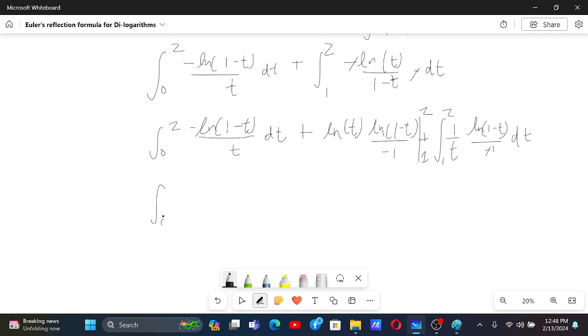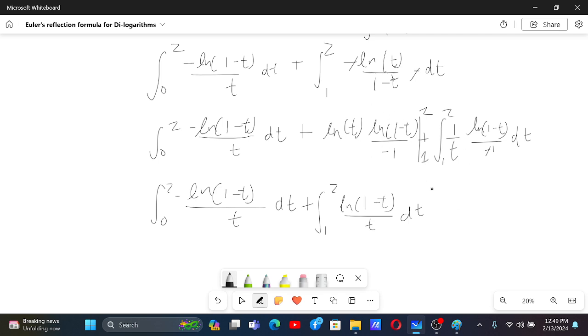Now let's do this. So we have the integral from 0 to z of minus ln(1 - t) by t dt. Over here I have the integral from 1 to z of ln(1 - t) by t dt. Okay, and now over here what do we have?